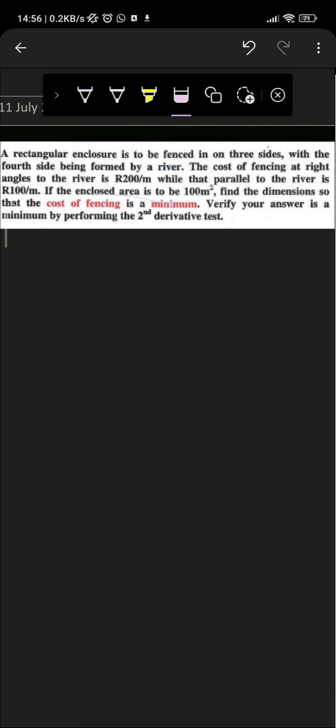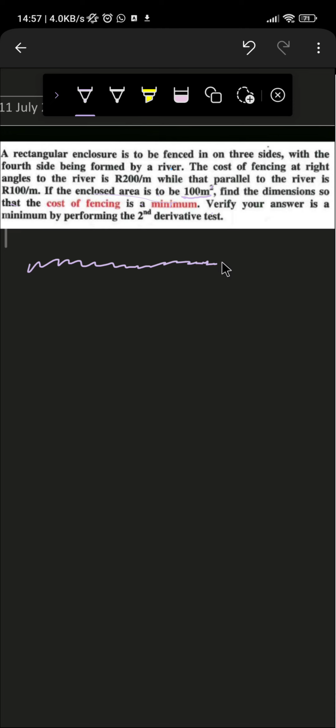In this situation, we have meters squared, so that is going to be our area in meters squared. We are going to pay close attention to detail here.